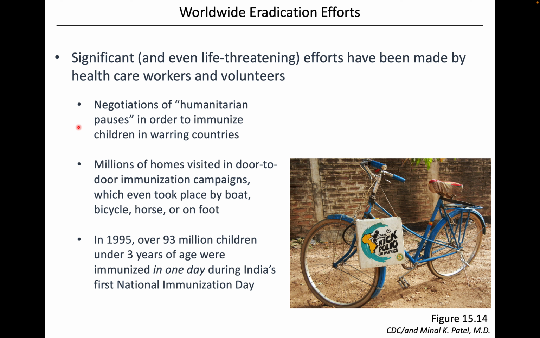So you had people really going out of their way and potentially risking their lives just to deliver vaccines to children. But that being said, they did a great job. Just to give you an example, in the mid-90s, they vaccinated over 93 million kids in a single day in India. So that's incredible.